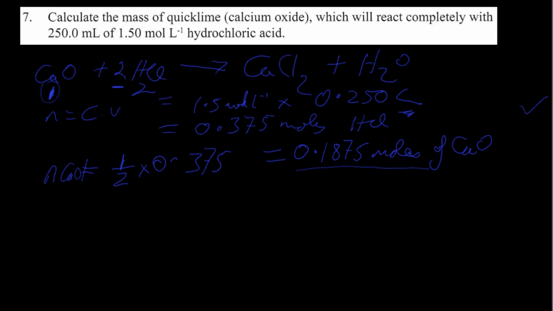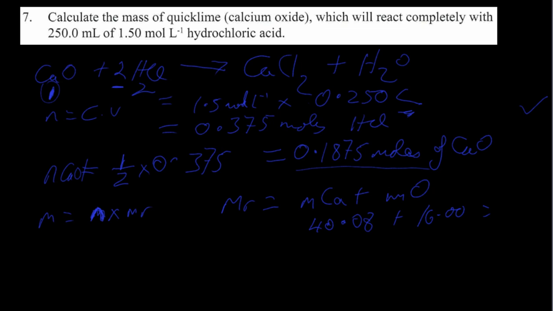The mass equals moles, n, number of moles, times molar mass. So molar mass equals M of Ca plus M of O, which equals 40.08, I do believe, plus 16.00, and if you crack that through, you'll get a value of 56.08.